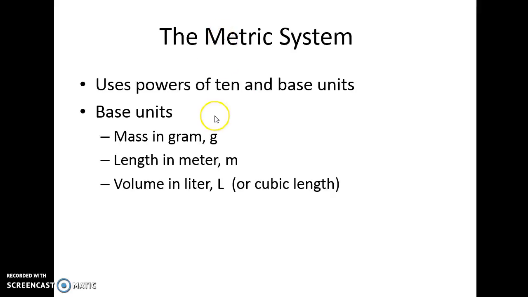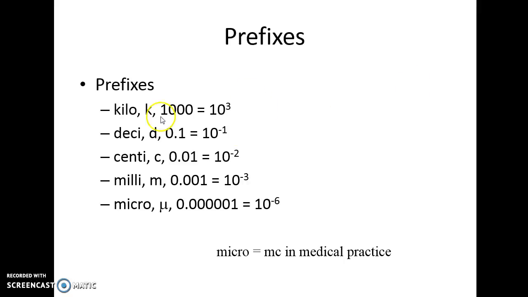The metric system uses powers of 10 and the base unit. So we often will use the base units all by themselves, but many times we'll use a prefix, and that prefix has a meaning of a power of 10. So we have gram, meter, and liter, and in combination with them, we have kilo, deci, centi, milli, and micro.